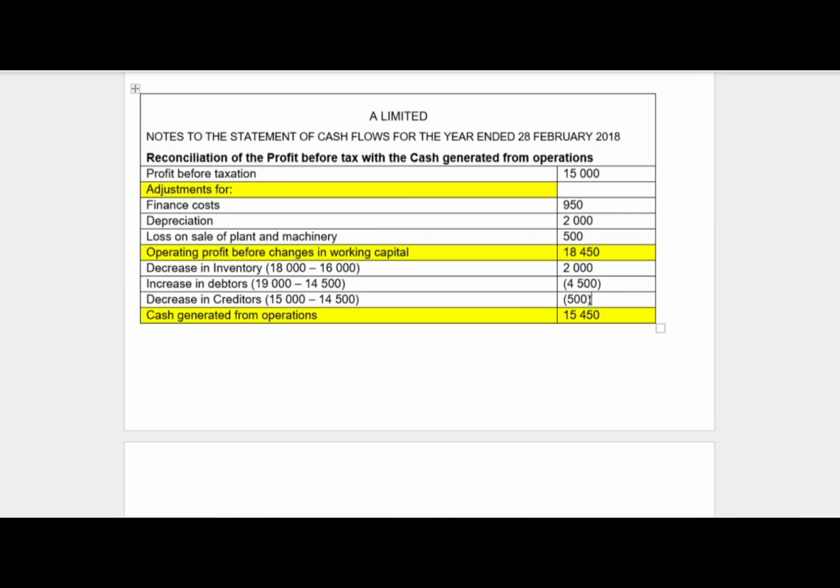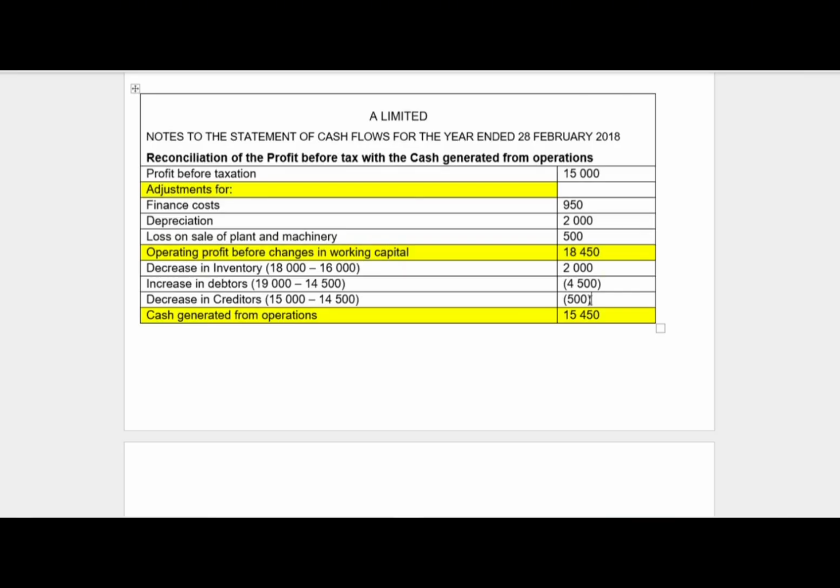So now let's check if this is right. Let's calculate our cash generated from operations by saying operating profit before changes in working capital of 18,450. You add 2,000, which is the decrease in inventory.